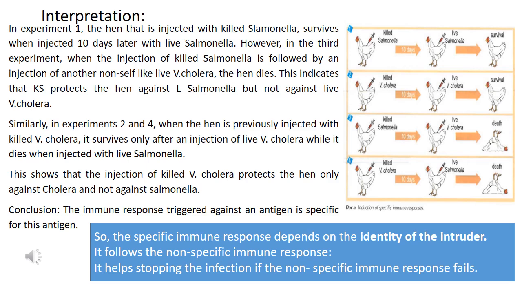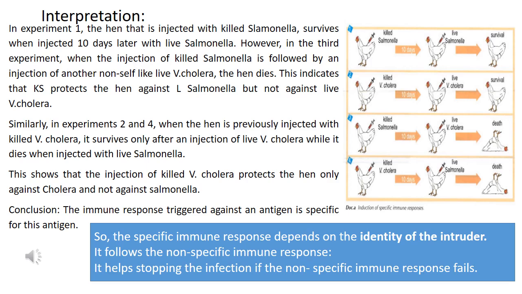In experiment 1, the hen that is injected with killed salmonella survives when injected 10 days later with live salmonella. However, in the third experiment, when the injection of killed salmonella is followed by another non-self like Vibrio cholera, the hen dies. This shows that killed salmonella protects the hen against live salmonella but not against live Vibrio cholera.